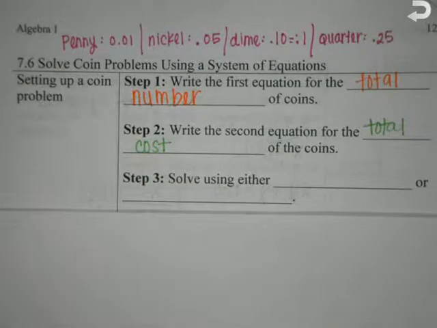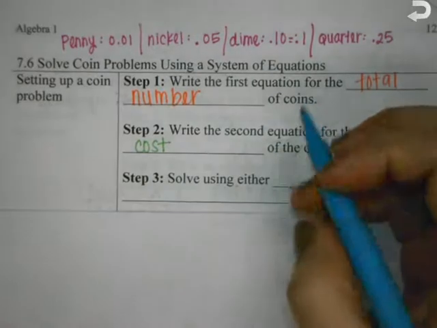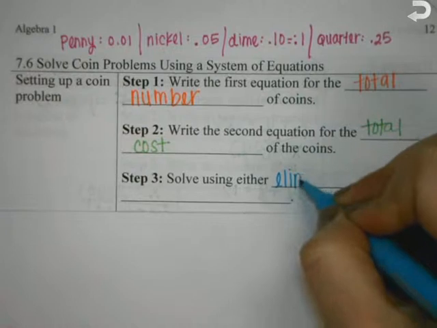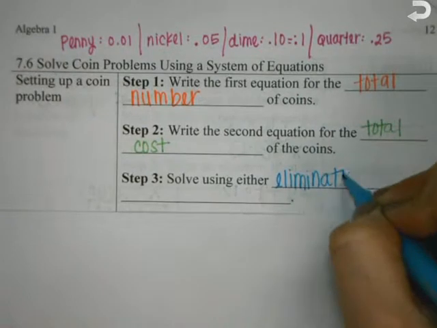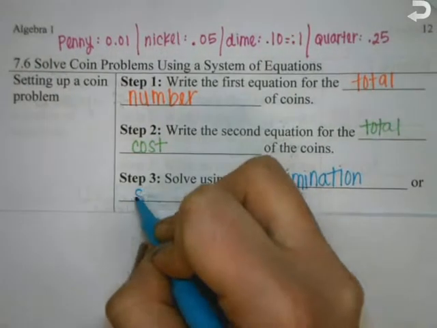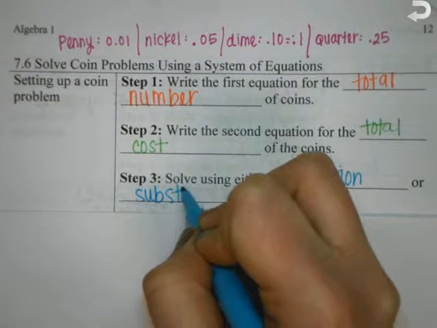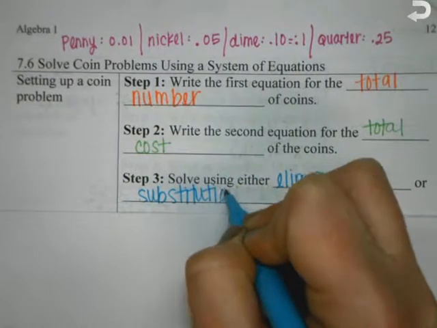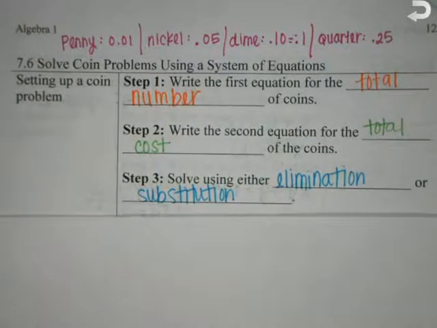So we're going to solve using either elimination or substitution. Okay, so we can pick whichever one we want. Sometimes elimination will be easier, sometimes substitution will be easier. Okay, you must, on these problems, use systems of equations. You cannot use guess and check.